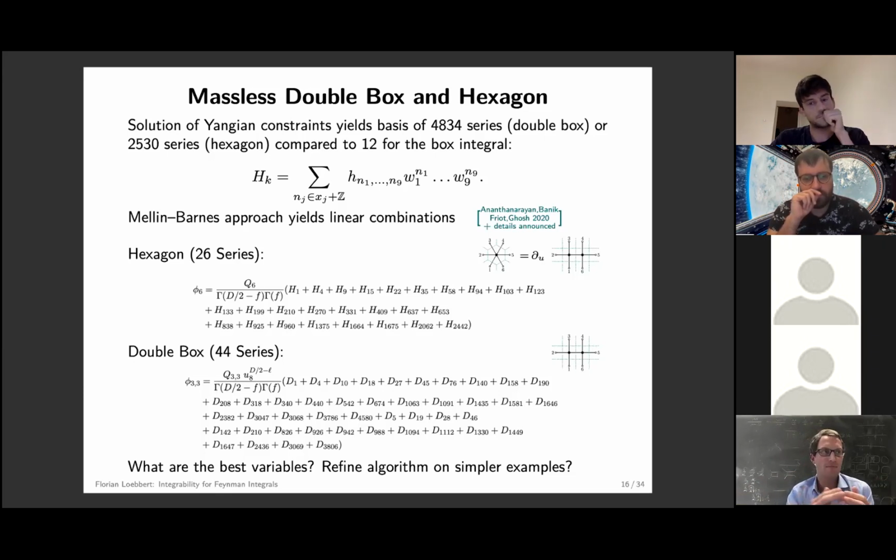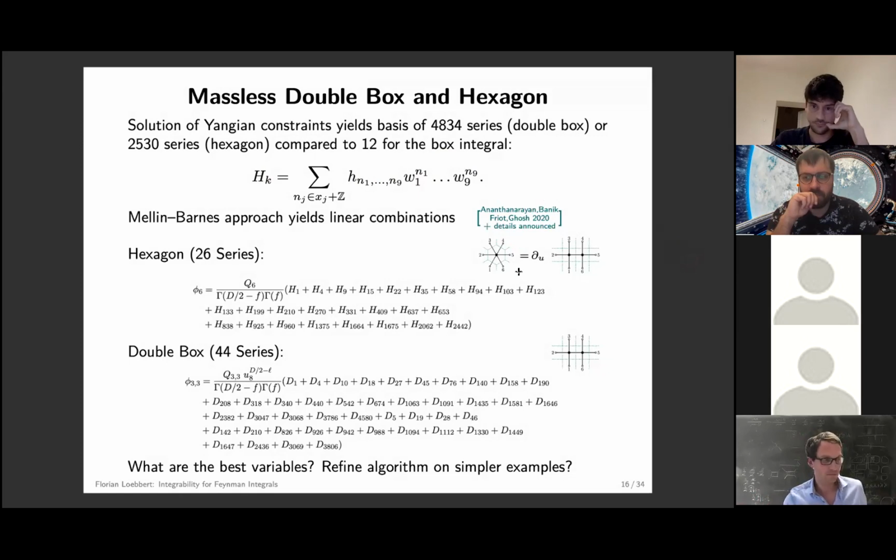So looking at this algorithm, to go from 2 variables to 9 variables is a really big step. Fortunately, there was a nice paper in the meantime by these gentlemen here who looked at these series and the Feynman integrals we wrote down, and they were able to fix this linear combination using some multidimensional Mellin-Barnes approach.